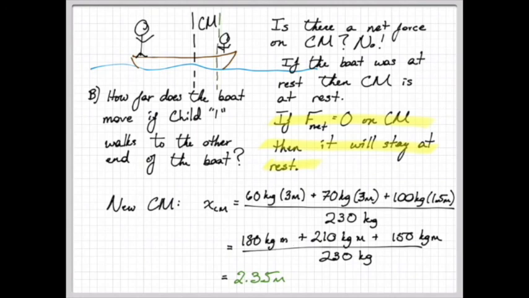Now this means that that green line is the new center of mass, and the boat is going to move so that the green line lines up with the black line. When that person starts walking, that black line is fixed in space. So the new green line has to move to match up to the black line. If we draw a quick sketch of that, the idea is the boat moves to the left so that the green line gets dragged over to the black line.